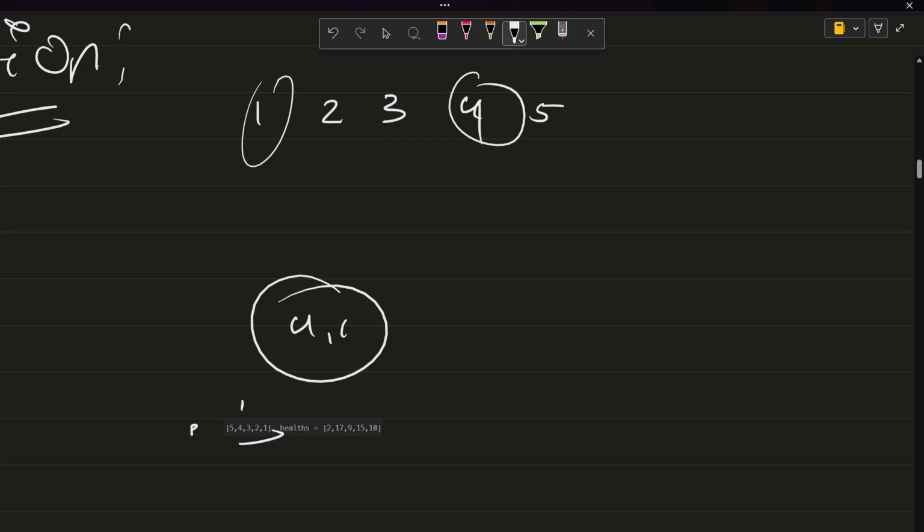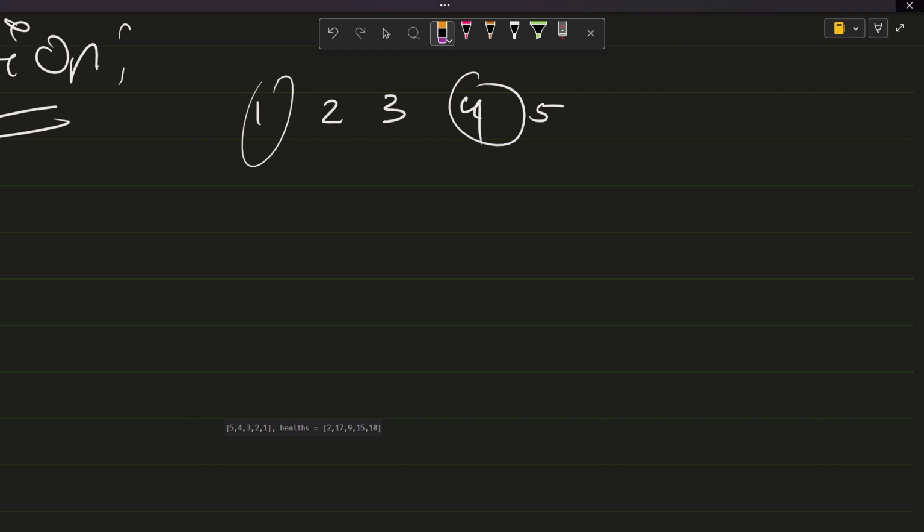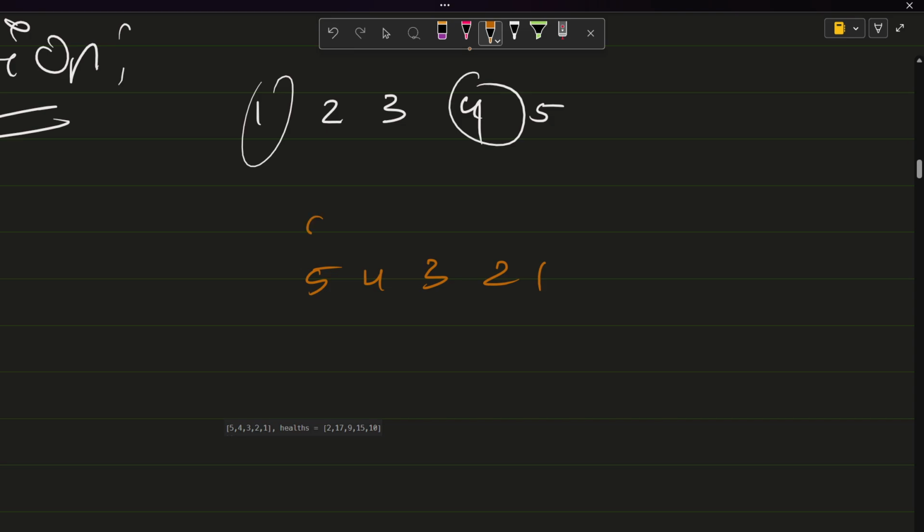So for this, we will give indexes to our positions. As it is 5, 4, 3, 2, 1, we will give indexes as 0, 1, 2, 3, 4. As indexes are given, we will start sorting on the basis of position. So we will get 1, 2, 3, 4, 5, and the corresponding indexes will be 4, 3, 2, 1, and 0.